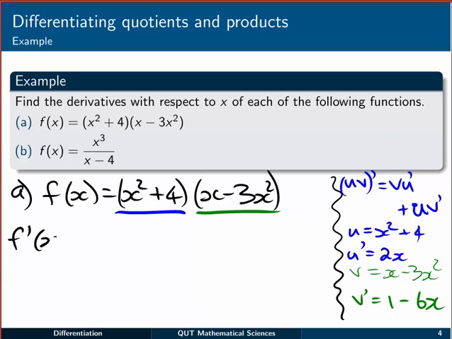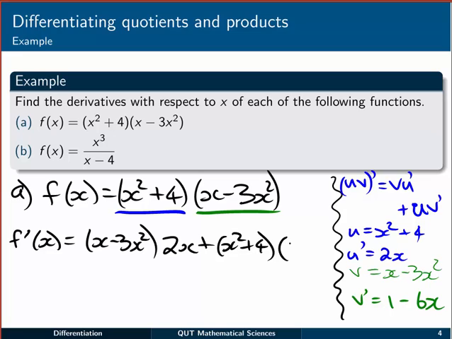So we can write that f dash of x is going to be equal to v times u dash, or 1 minus 6x times u dash, which is 2x, plus u times v dash, or x squared plus 4, Using those results, we can now write that f dash of x is equal to v by u dash, or x minus 3x squared times 2x, plus u times v dash, so plus x squared plus 4 times v dash, which is 1 minus 6x.